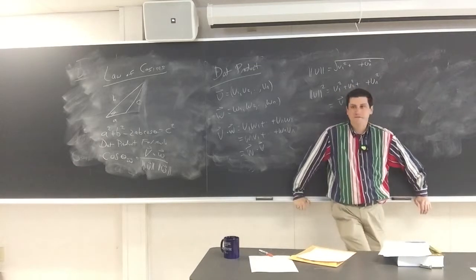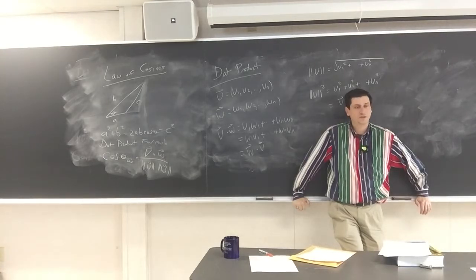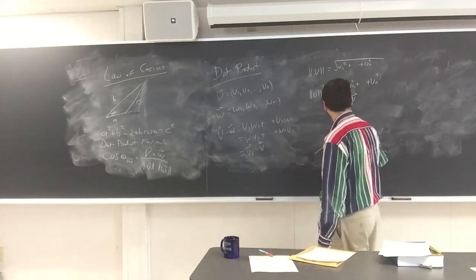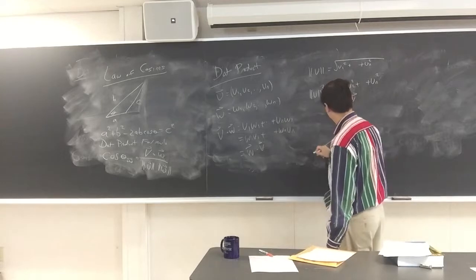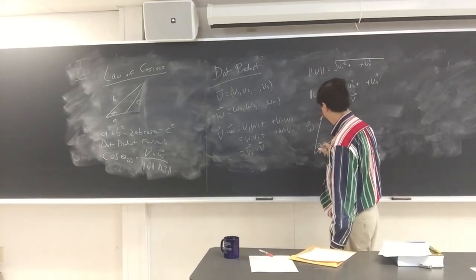So this is our first observation of the utility of the dot product. v dot v is the square of the length. Okay? Now in our dot product formula, here's v, here's w, here's the angle between them.